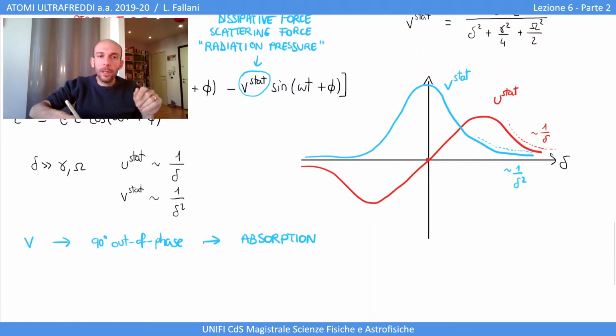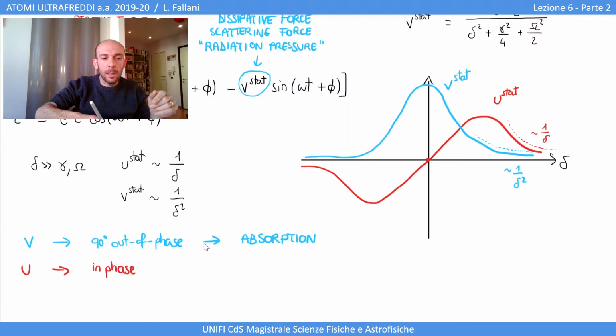The other component, u, is oscillating in phase. It is describing the component of the electric dipole that oscillates in phase with the electric field, and this is instead connected to dispersive properties of atom-light interaction.